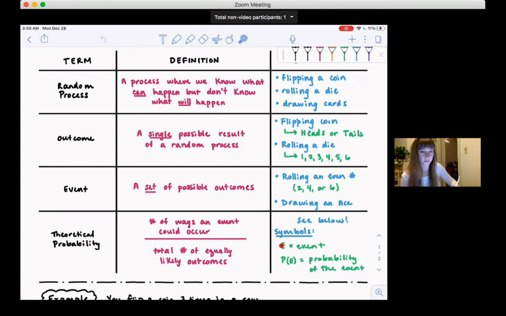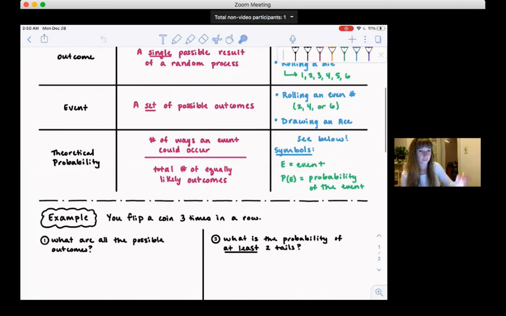Usually we use a capital letter to represent an event, so if E is our event, P of E stands for the probability of that event. Let's look at some examples of theoretical probability to flesh that idea out. But the main idea is the number of ways your event could occur over the total number of possible outcomes.